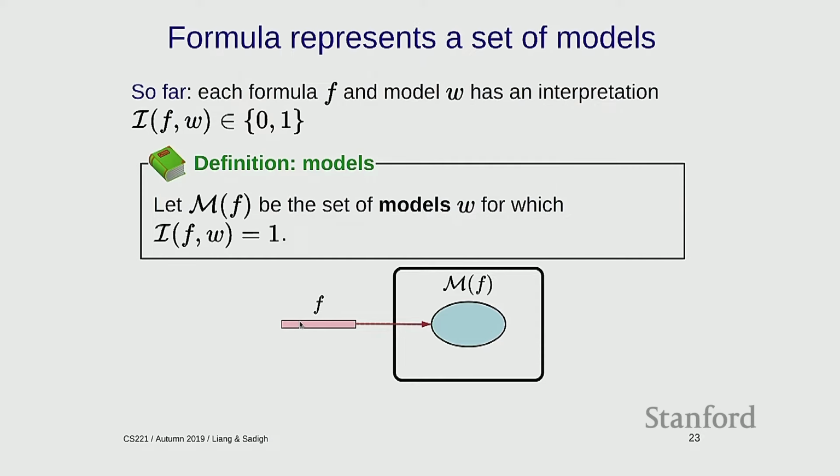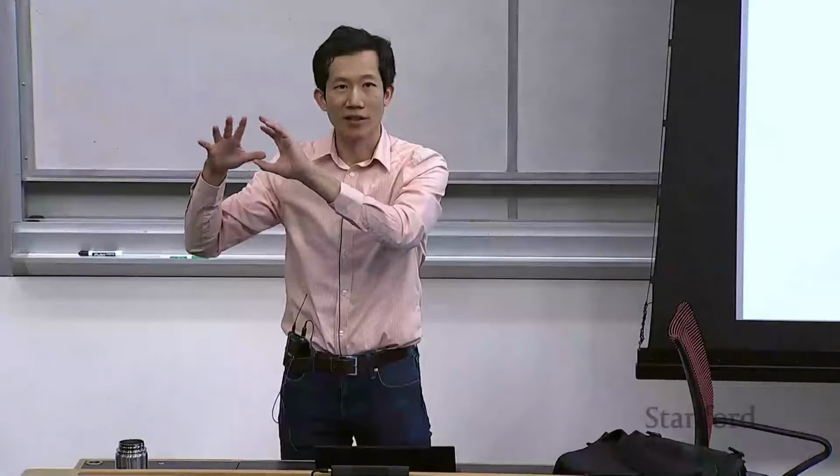Okay, so if I make a statement here, what I'm really saying is that I think we're in one of these models and not in one of these other models. That's an important intuition to have. The meaning of a formula is carving out a space of possible situations that you can be in.